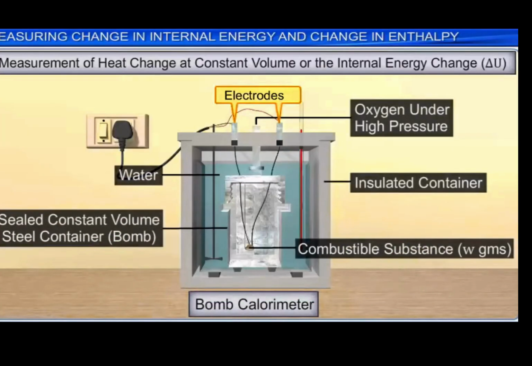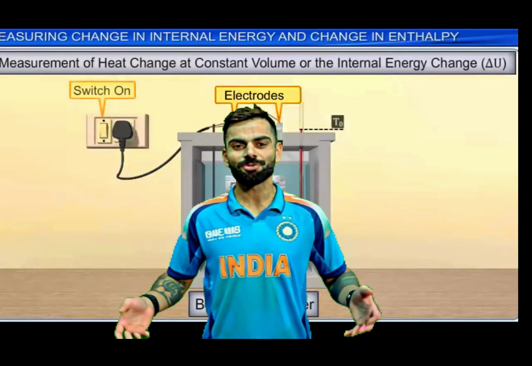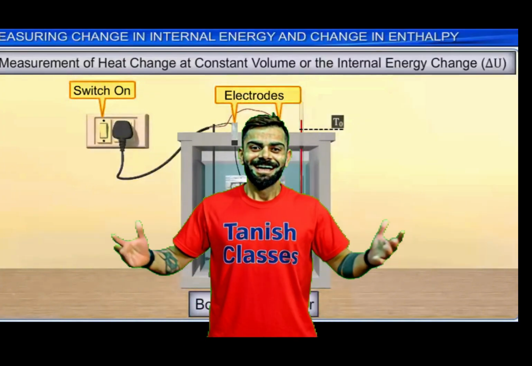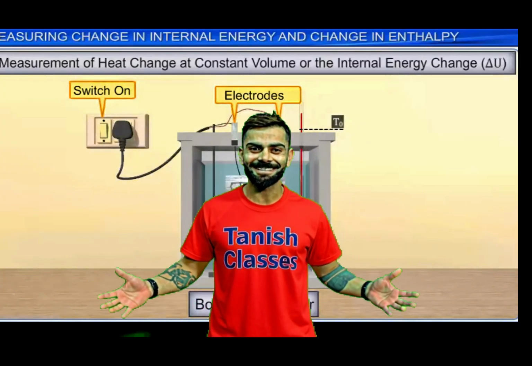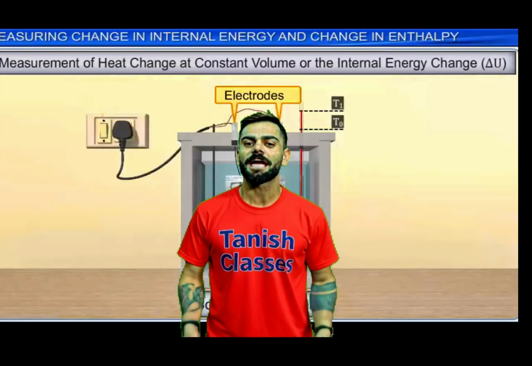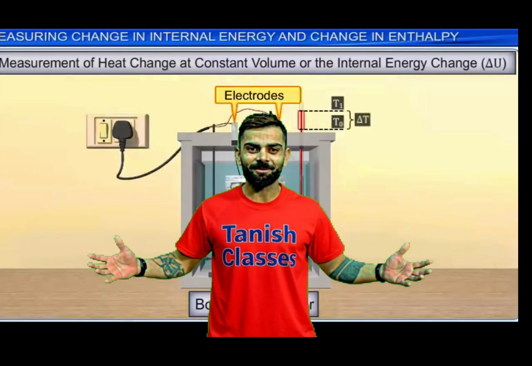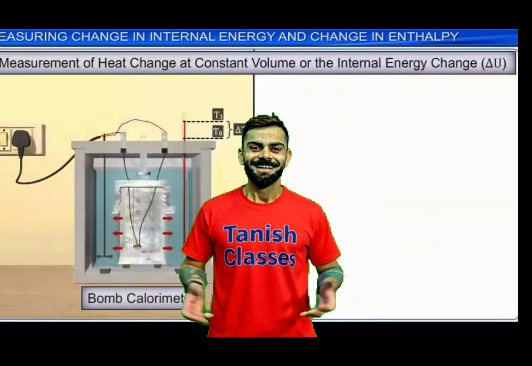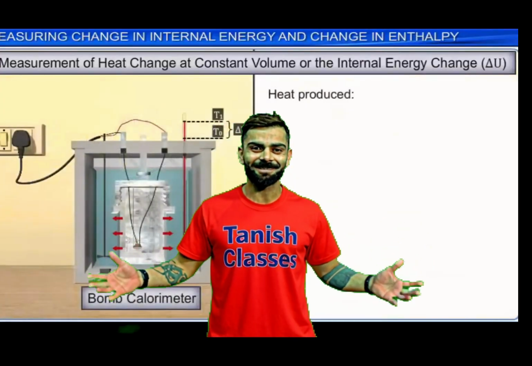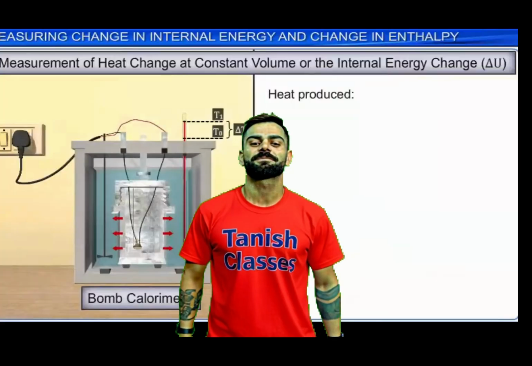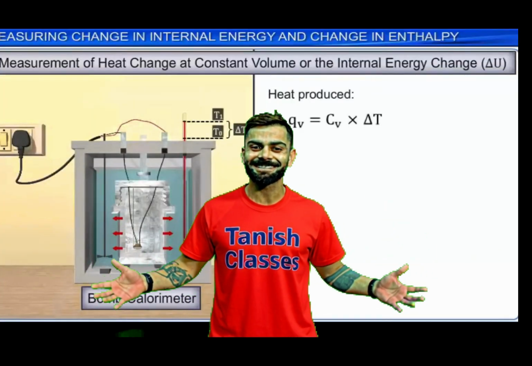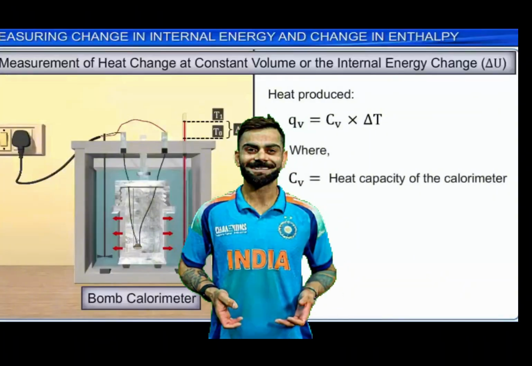The sample is ignited electrically, and the heat produced by the combustion reaction is absorbed by the water surrounding the bomb. The increase in temperature of water, delta T, is noted, and the heat produced is calculated using the equation QV is equal to CV multiplied by delta T, where CV is the heat capacity of the calorimeter.